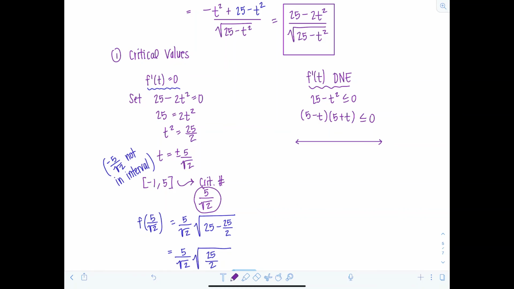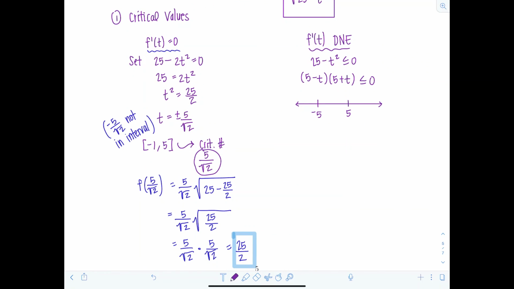So I'm going to put the zeros of each of the factors on the number line, -5 and 5, and then test which ones fall within the range where it would give me a quantity less than or equal to 0. So something like -6: that first factor would be positive, the second one would be negative, so that would give me a negative quantity.